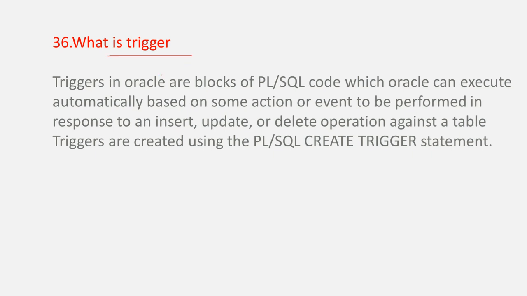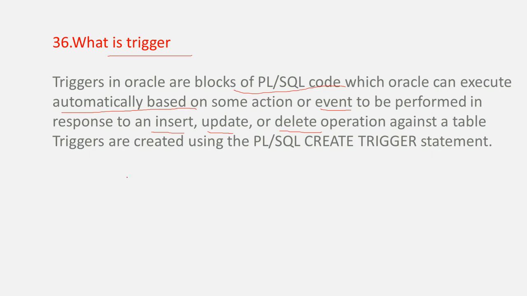What is a trigger? A trigger in Oracle is a block of PL/SQL code which Oracle can execute automatically based on some action or event, performed in response to an insert, update, or delete operation against a table.